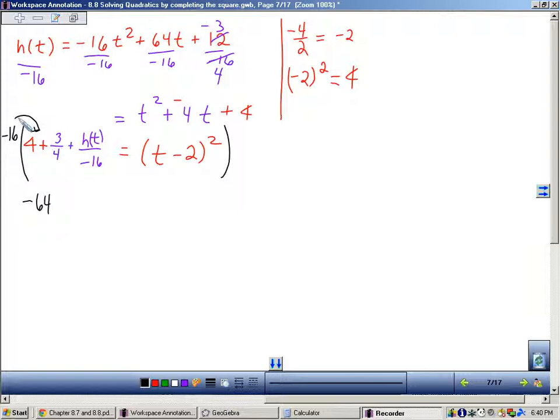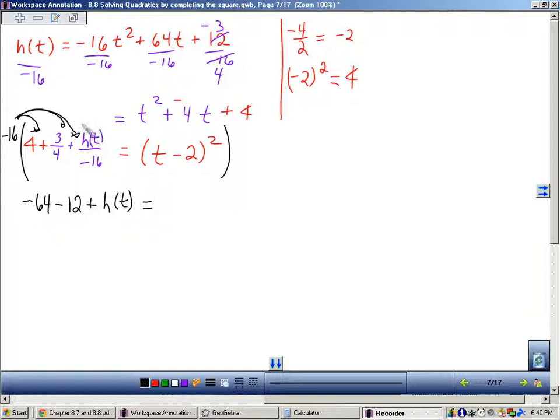And let's multiply this by negative 16. Now, be careful, because 3/4 times negative 16, the 4 divides into the 16, so it's negative 4. And negative 4 times 3 is negative 12. And then here, negative 16 times h of t over negative 16, well, the negative 16 reduces to 1, so that's just h of t.